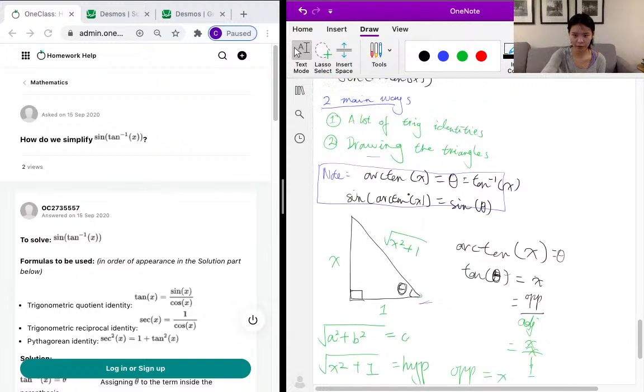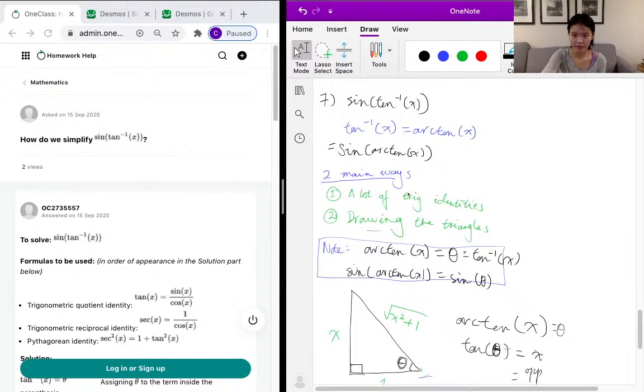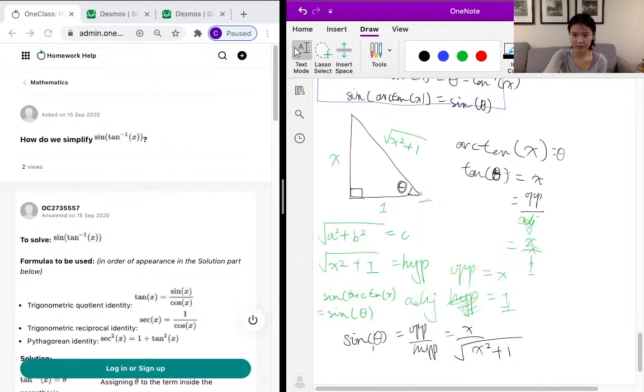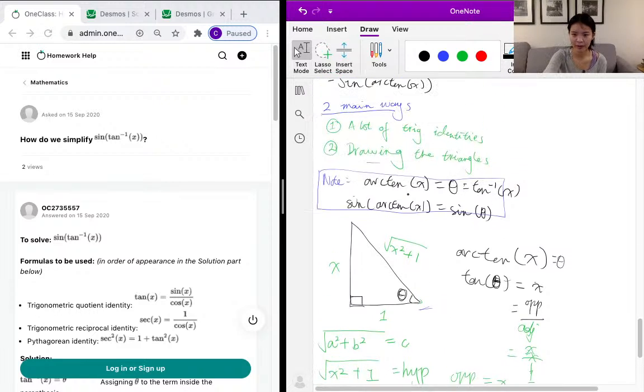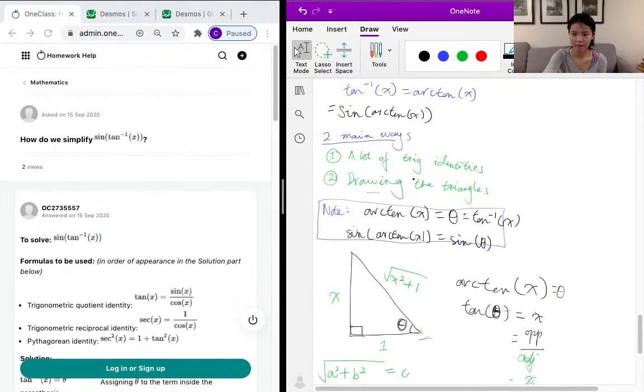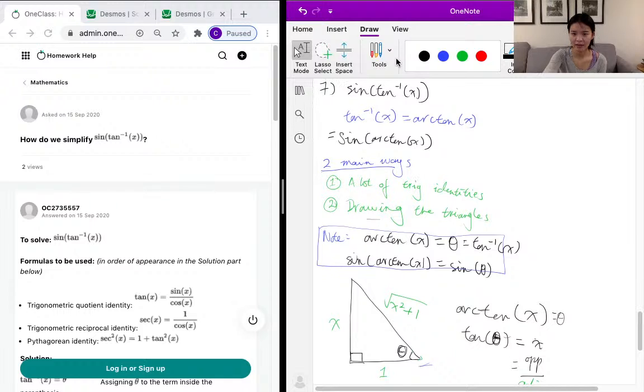So let's do a quick recap. First, we know that the arctangent of x, or the inverse tan of x, is actually an angle.